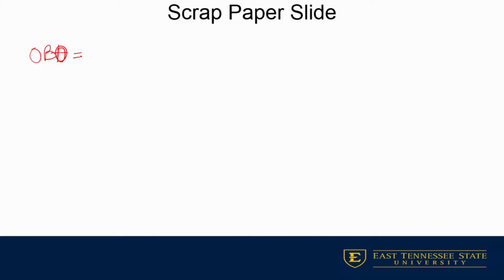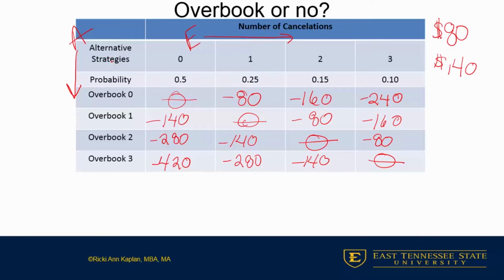So looking at that, I want to take my probability, and what we are looking at is this chart right here. I'm taking the 0.5 times here plus the 0.25 times here plus the 0.15 times here plus 0.10 times here to get my sum of what the expected monetary value will be.